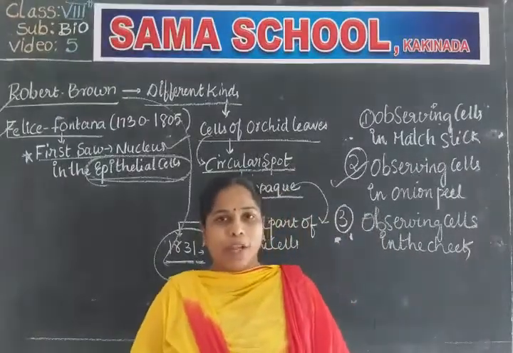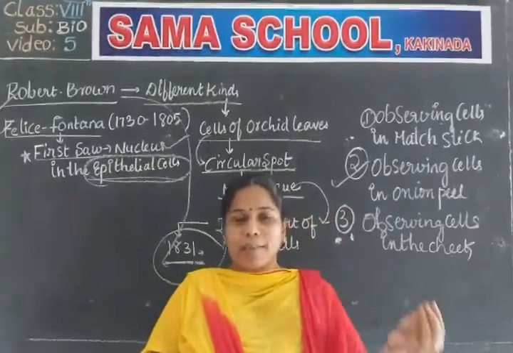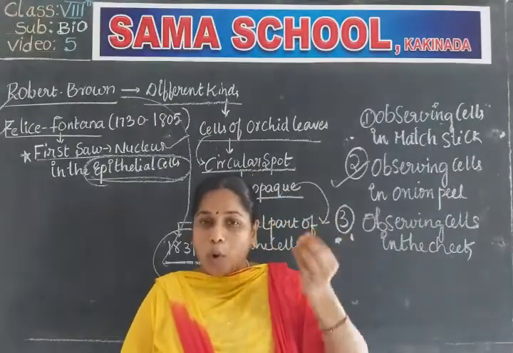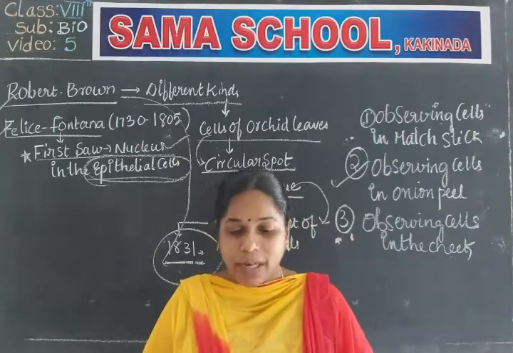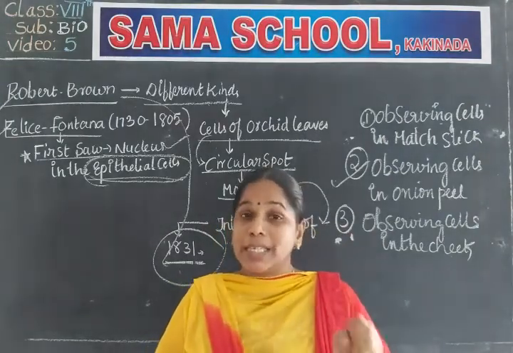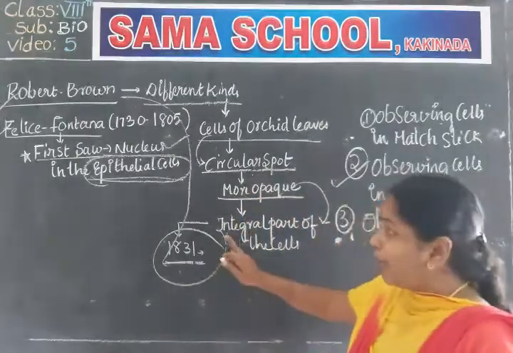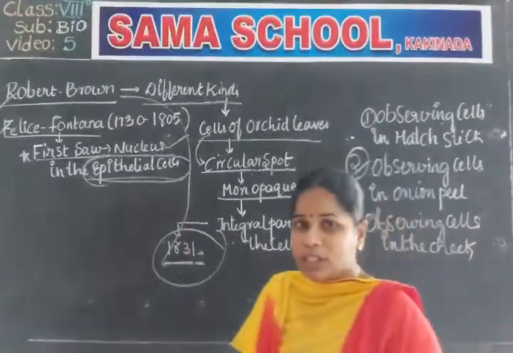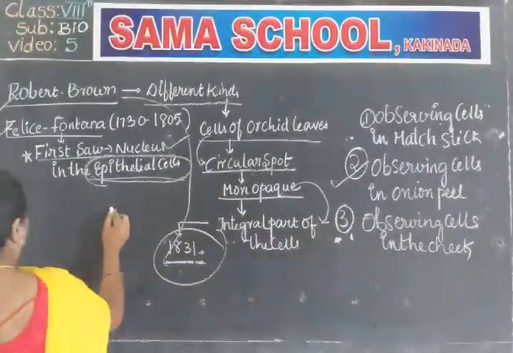See, in biology especially, you should have an awareness about the years and which scientist discovered what in which year. This is very, very important, especially in the CCE model. Understand? Not only the nucleus, when he observed the cells of archaea, then what did he observe?